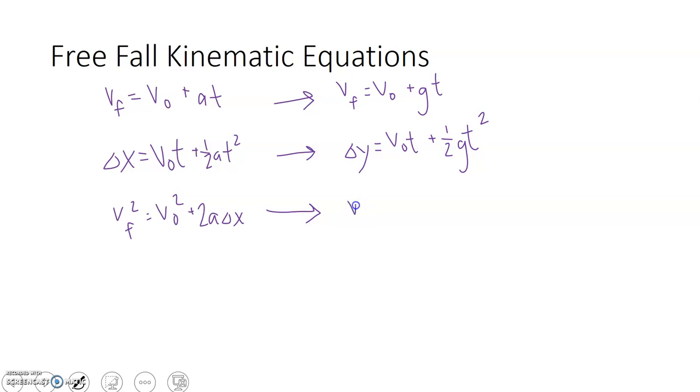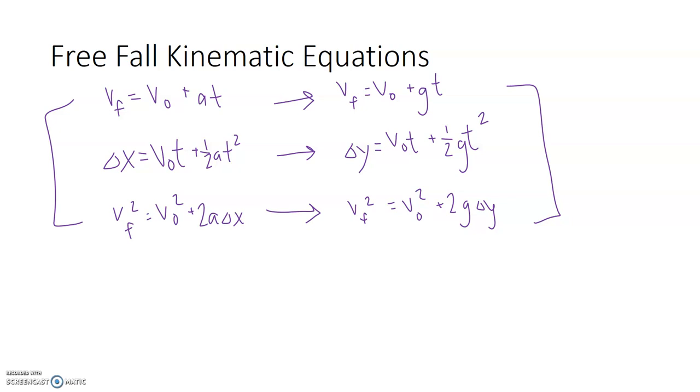This is now the final velocity squared is equal to the initial velocity squared plus 2g delta y. So you will be given the same equations, the horizontal versions, and be expected to convert them into the equations for vertical motion on the right. On any test or quiz or problem-solving activity, you're expected to write the equation on the right.